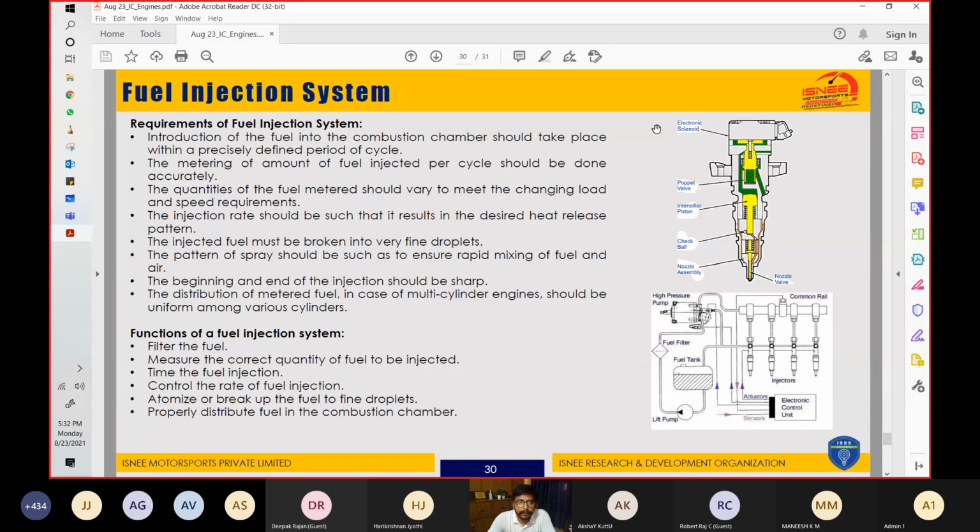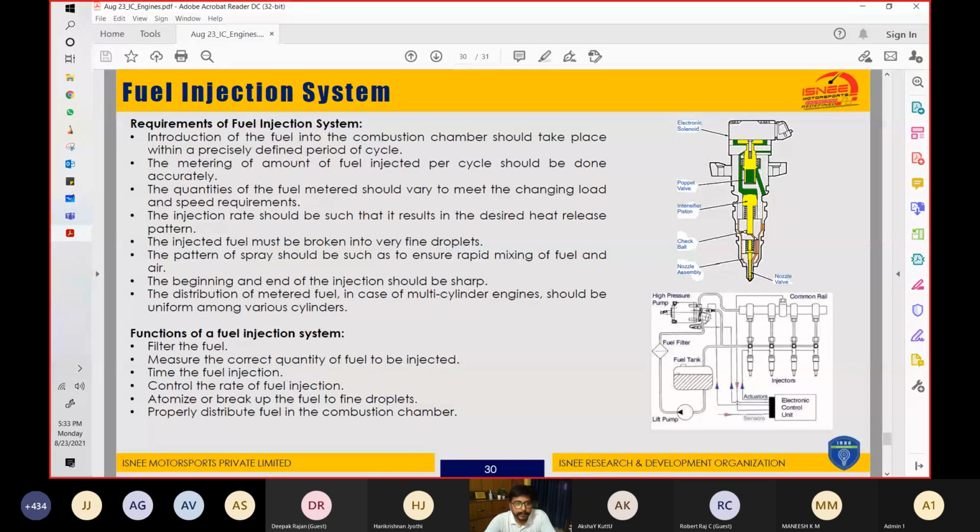So what are the requirements of the injection system basically? Introduction of fuel into the combustion chamber should take place at a precisely defined period of the cycle. The metering, or measurement, of the amount of fuel injected per cycle should be done accurately. The quantity of fuel metered should vary to meet the changing load and speed requirement. The injection rate should be such that it results in the desired heat release pattern.